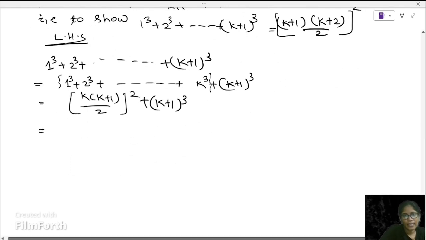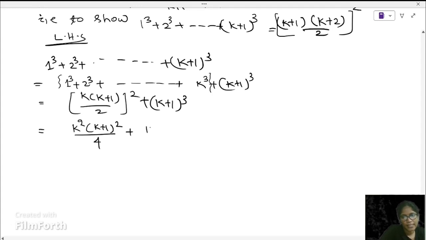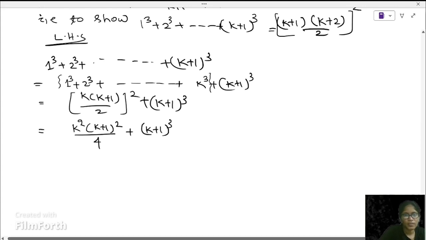Now we can write k square into k plus 1 square divided by 4 plus k plus 1 cube. Here taking k plus 1 square as common, that's equal to k square by 4 plus k plus 1.